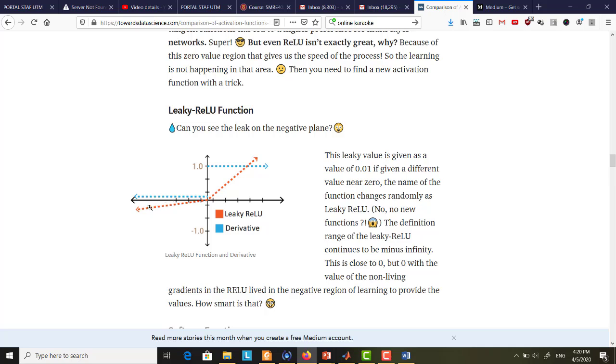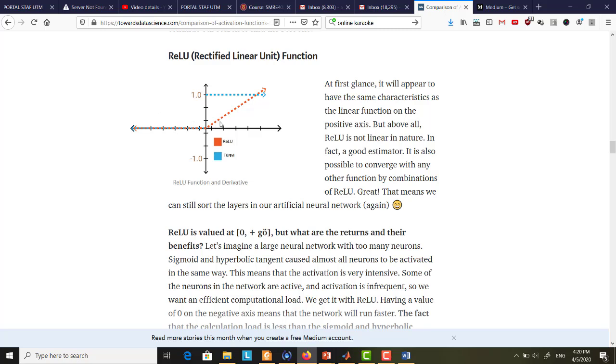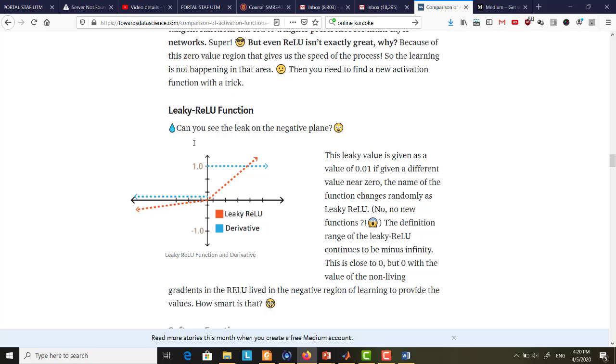It means that if you have a negative value, the information is still passed through the network. Otherwise, if you have a negative value, you don't pass the information to the other layer, because anything negative is set to 0. That's why they introduced the leaky ReLU function.